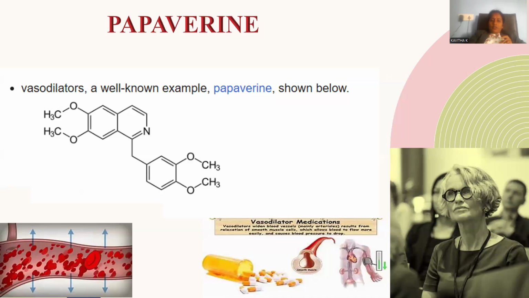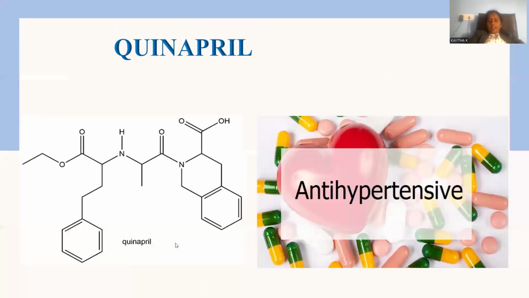Whenever we consume a drug called papaverine, a potential vasodilator, the vein size will be enlarged. Then the blood can be pumped very conveniently, so blood pressure will be regulated by this process, and heart related problems will be mitigated by consuming this papaverine drug, which is a natural alkaloid.